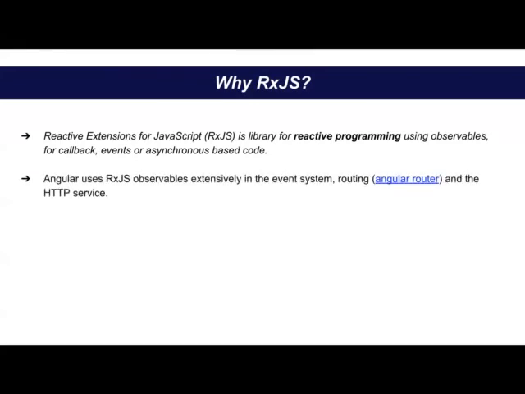Second, it is backed by Angular. When we download the Angular package, RxJS will always be there, because the Angular event system and routing, the Angular router, are completely written using the observable concept, using the RxJS library, and the HTTP service as well.